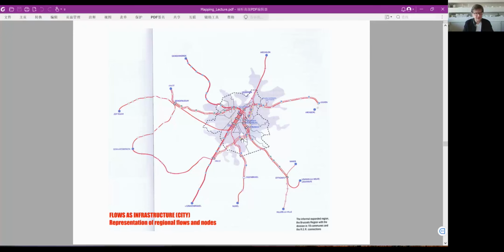Flows as infrastructure on a city level. Representation of regional flows and nodes. As you can see in this map, there are mapped the main railway stations, the underground, the tram, and overlapped later with highways. So it's a regional level. And this is also important for you when you analyze Kassel.